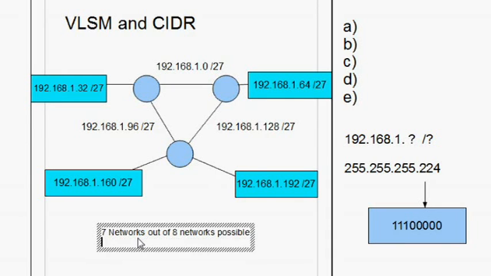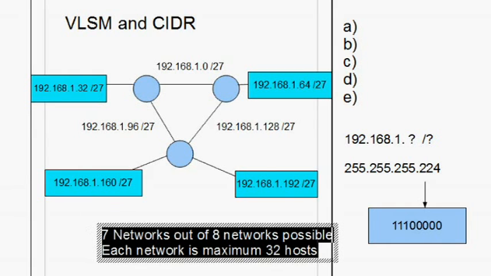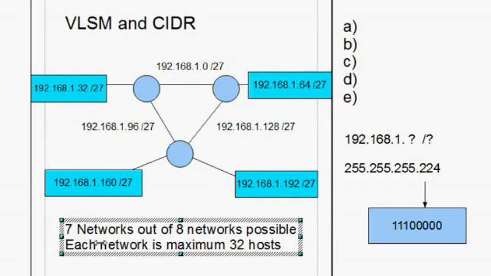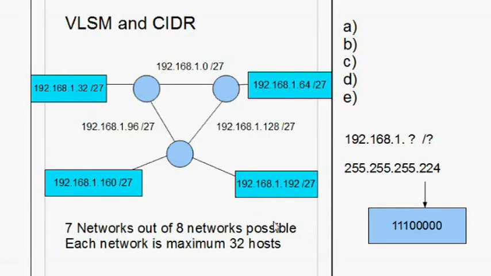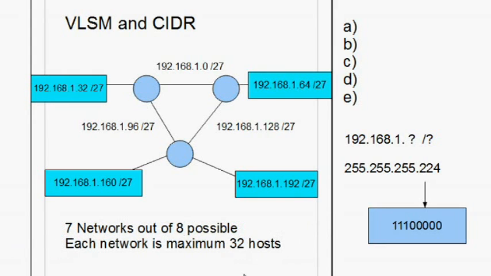Each network is a maximum of 32 hosts, which is actually 30 hosts because you can't use the first address or the last, because the first is the network address, the last is the broadcast address. So essentially what you have right now in this scenario is 7 networks out of 8 possible, each network a maximum of 32 hosts.